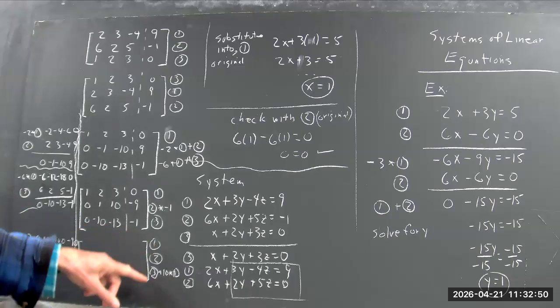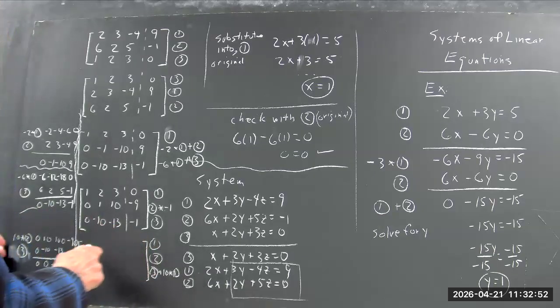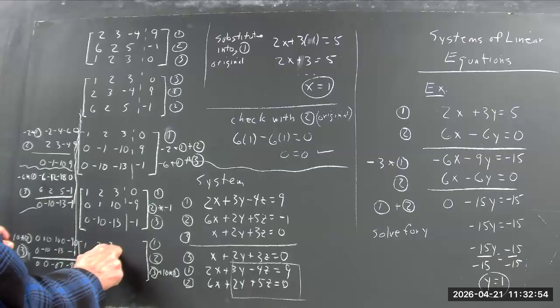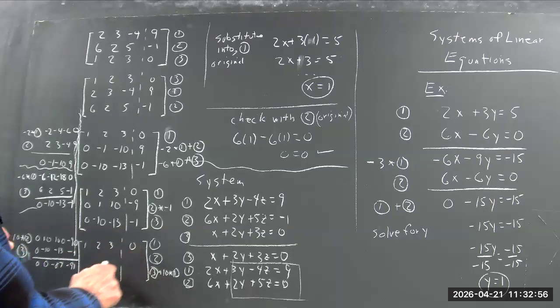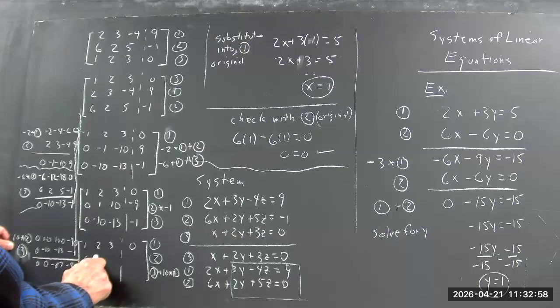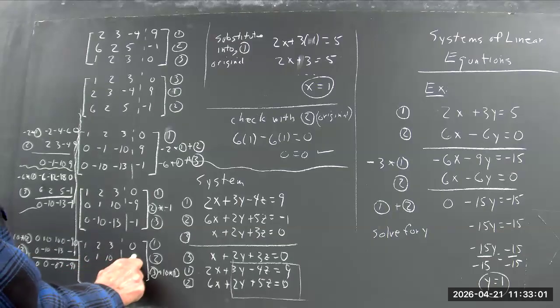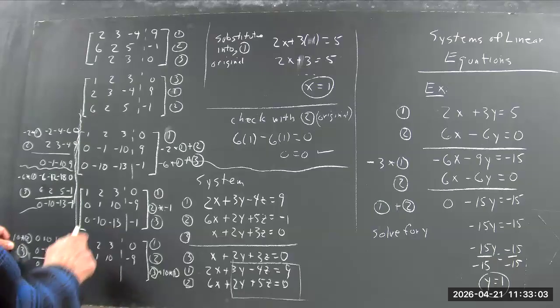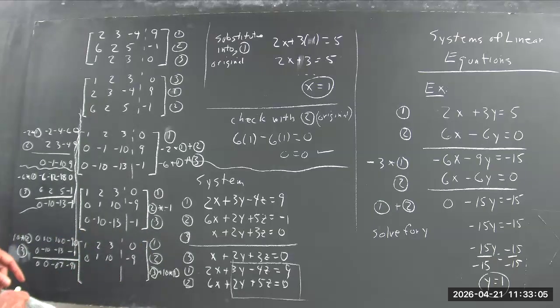So for this matrix, I'm going to write down just row 1, 1, 2, 3, 0. Row 2, 0, 1, 10, negative 9. And then the third row plus 10 times the first.